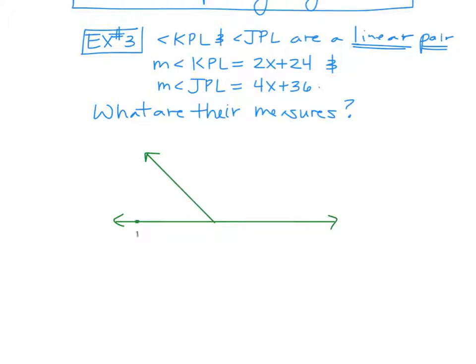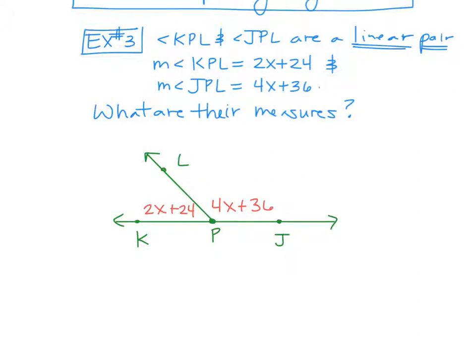So this is point K, this is point L, this is point J, and then the vertex is P. So we know they're a linear pair, which means they form a straight line. What do we know about a straight line? 180 degrees. So if I know KPL is 2x plus 24, and I know that JPL is 4x plus 36.